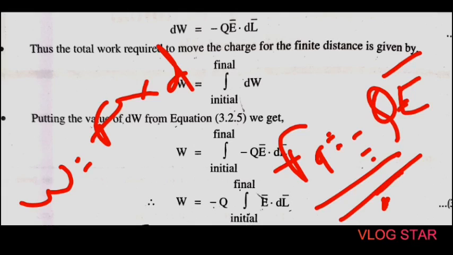If we are doing the work while moving a charge against the electric field, then we are applying the force Fa to cause a differential displacement dl. Then the differential amount of work dW is given by dW is equal to Fa into dl, that is force into displacement.